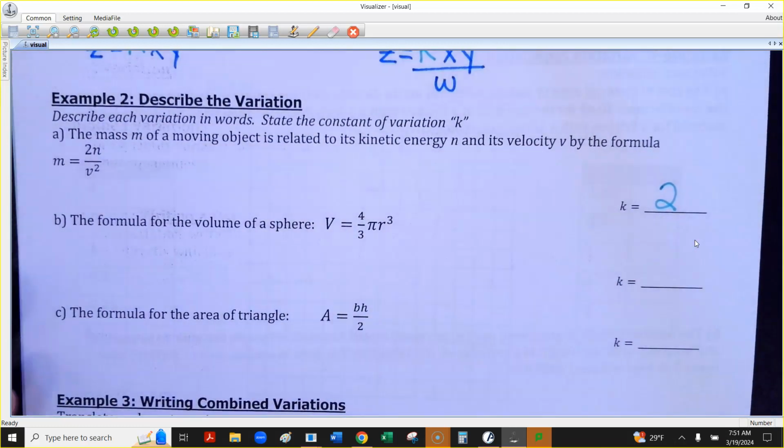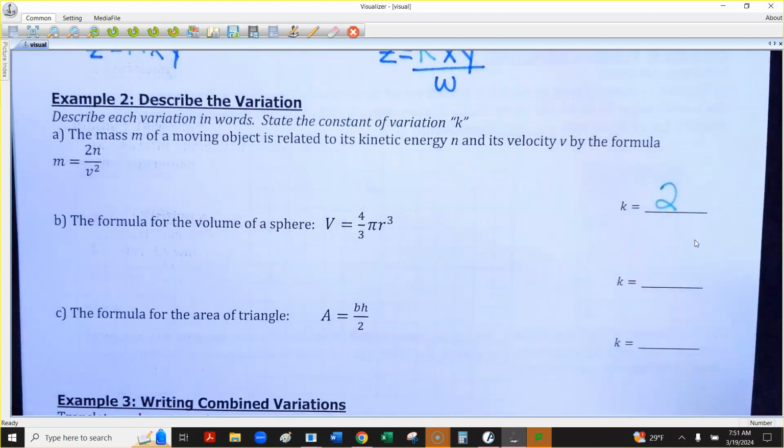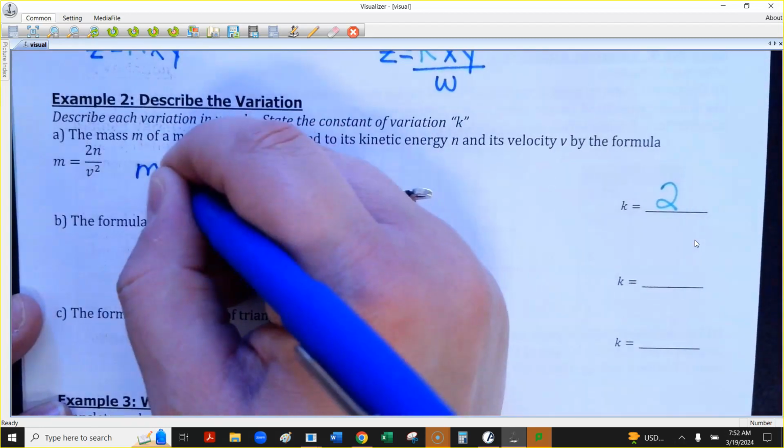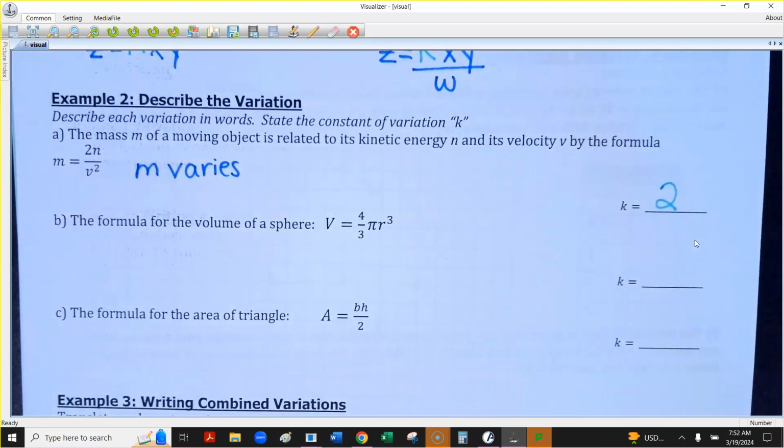All right, so I'm going to just write this like the other one. So you don't have to actually write out the words. I'm just going to write the variables, okay? So I have m equals. So I'm going to translate that. M varies. Now, on the top of the fraction, I have 2 times n. So just one variable, that's a direct relationship.